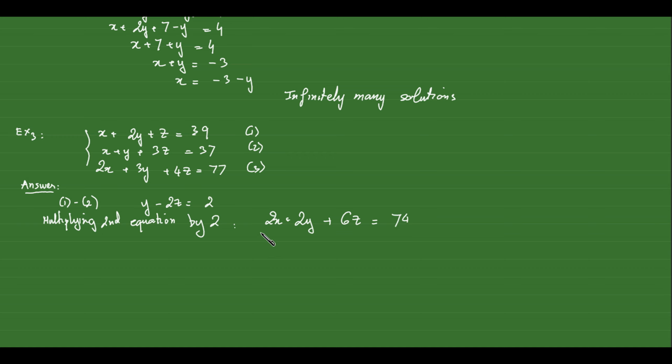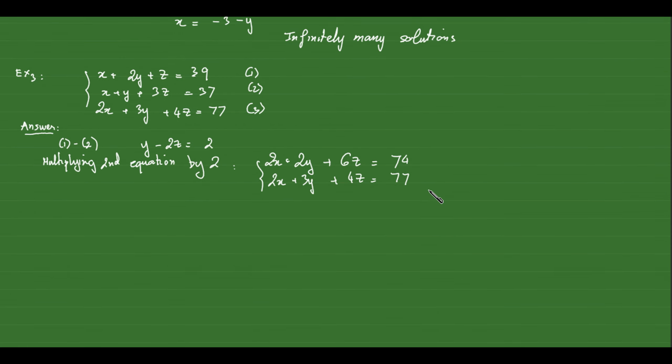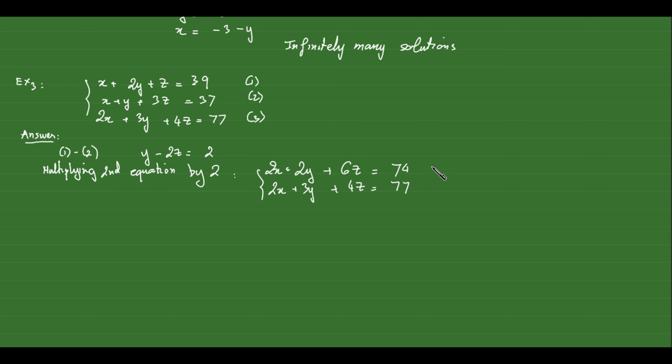And I combine this new equation with the third equation, which is 2x plus 3y plus 4z equals 77, and I go ahead and subtract these two equations. Let me call this equation 2 prime, and the third one 3 prime. So this is just the name, okay? Then I take the second prime equation minus the third prime equation.